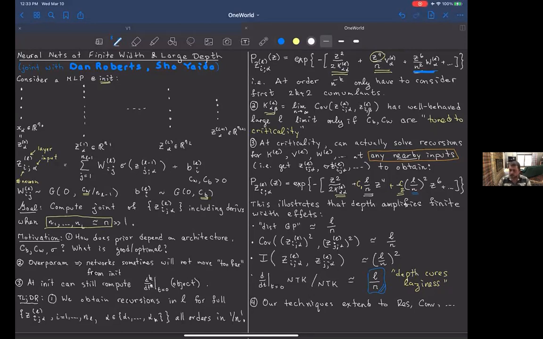So there's a question about empirics. All of this is, of course, at initialization, and the question is, how much is true after training? And the answer is, I'm not sure. Part of the reason it's hard to get exactly the right answer is that in practice, people don't use MLPs for large tasks, except maybe in reinforcement learning, where I think MLPs are often used for policy selection.